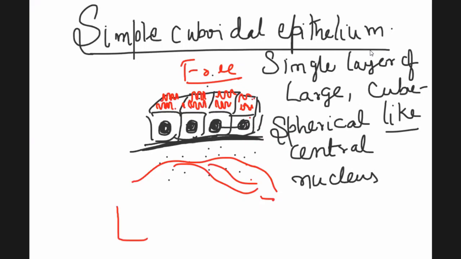Suppose this is the cell, this is the cell membrane. Cell membrane folds like this, forming something like a brush. It looks like a Turkish towel. Brush-like. This is the brush border.